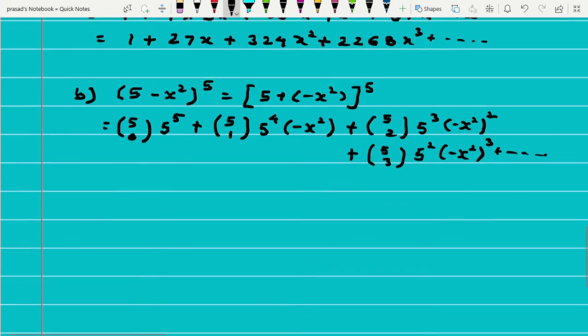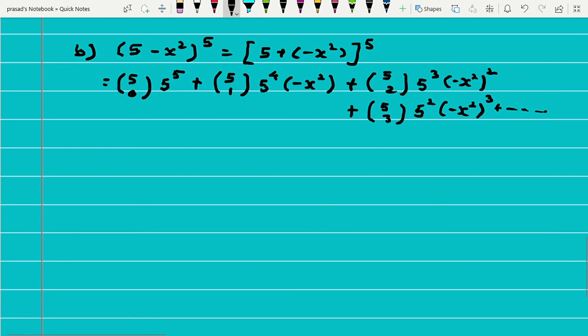So now we will simplify this. 5C0 is 1, 5 to power 5, that is 3125. In the next term, 5C1 is 5 into 5 to power 4, and here the sign will be negative. So 5 into 5 to power 4, 5 to power 5, that is 3125 x square. Then the next term 5C2.